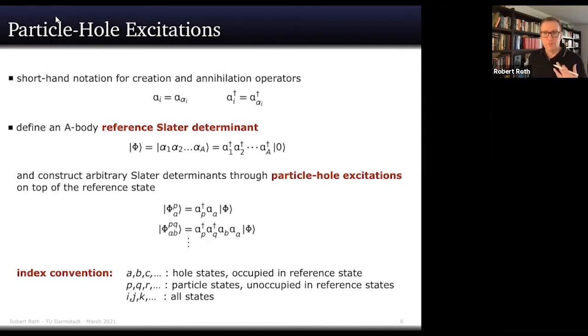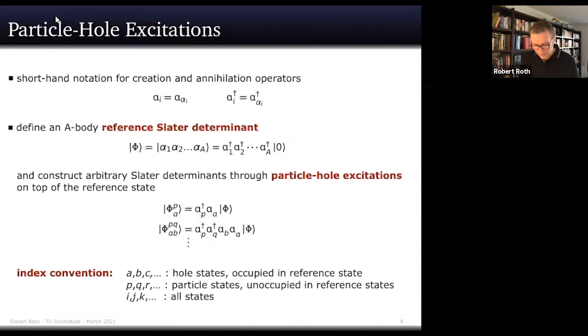So you start to build your many-body Slater determinant basis from a reference Slater determinant, which just has a specific set of single particle states occupied. You can write that as a chain of creation operators applied to the vacuum state, which doesn't have any particle content. And with this as the starting point, you can apply annihilation and creation operators to construct all kinds of other Slater determinant states of your many-body basis.